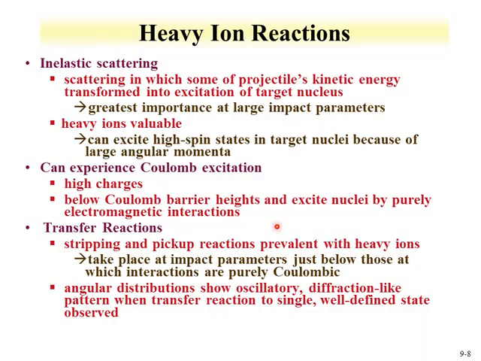And these can take place when impact parameters are just below those at which interactions that are purely Coulombic occur. Some of the results of this can be measured with angular distributions, which show a diffraction-like pattern when transfer to a single well-defined state is observed. So you can get information about nuclear states from some of the behavior in these transfer reactions.